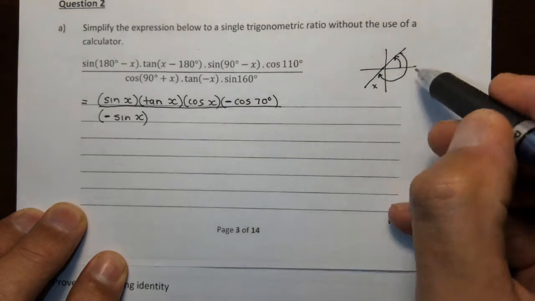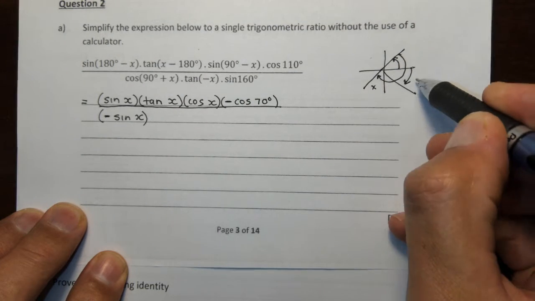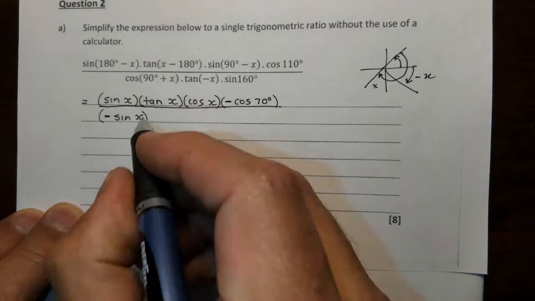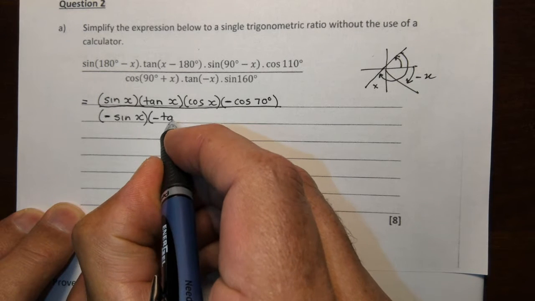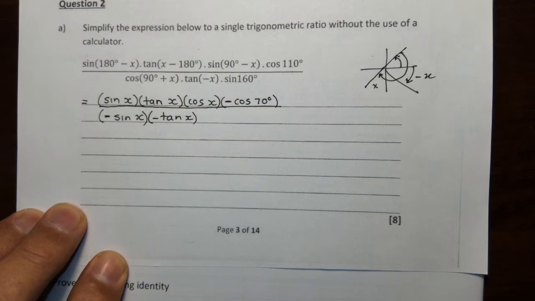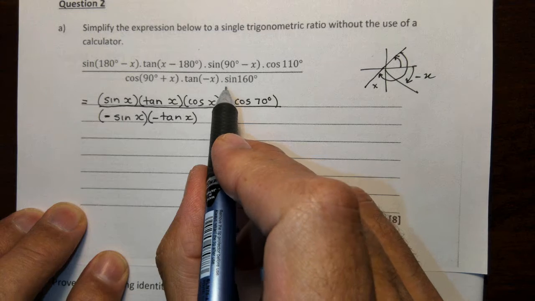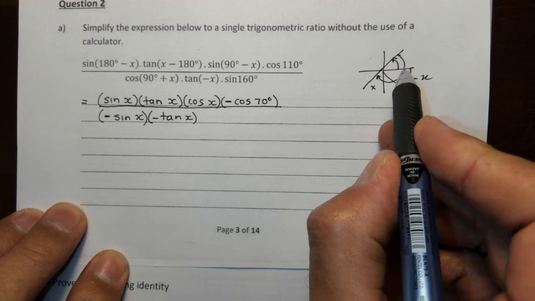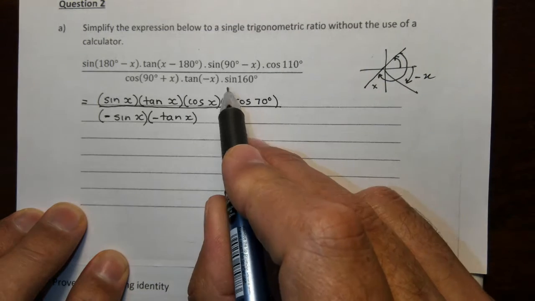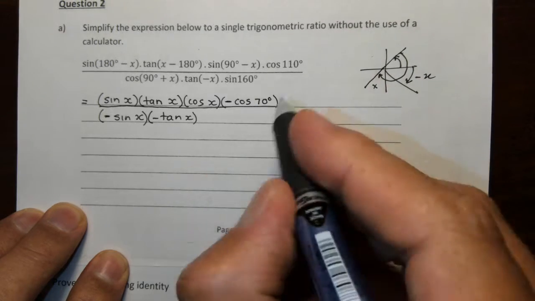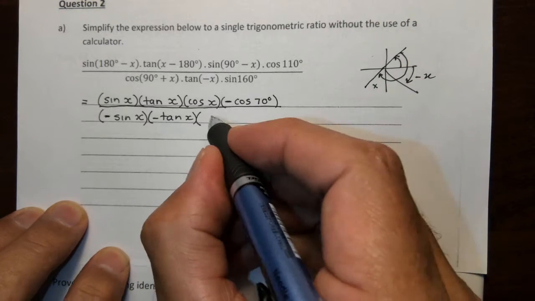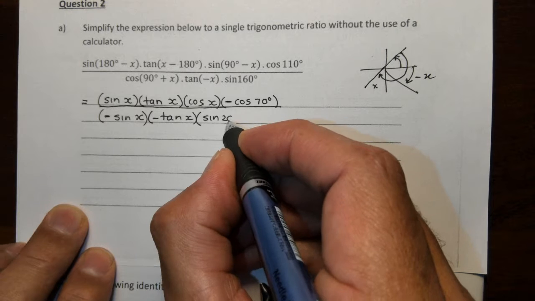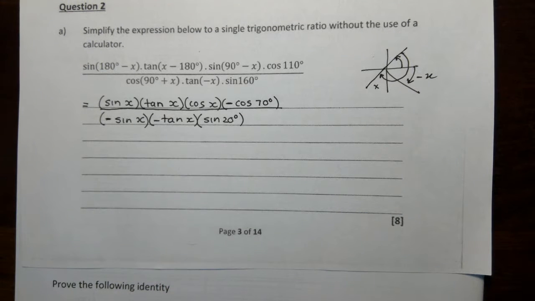Then here, minus x is an angle that lies in the fourth quadrant. In the fourth quadrant, tan is negative, so minus tan x. Then the sine of 160, second quadrant, sine is positive, it's 20 degrees away from the horizontal, so this is the sine of 20 degrees.